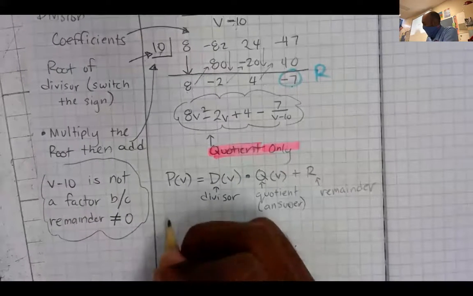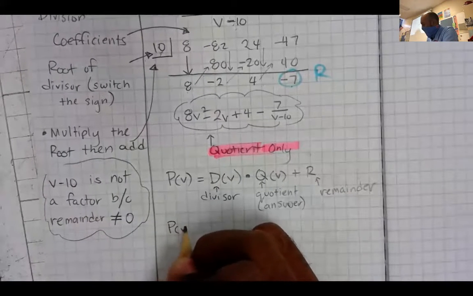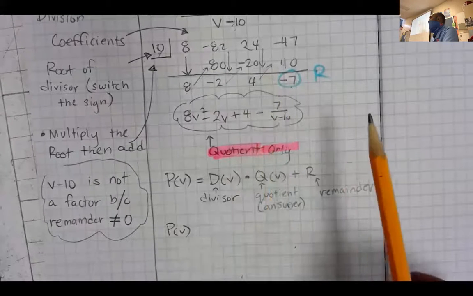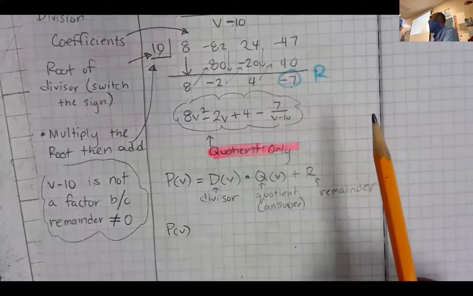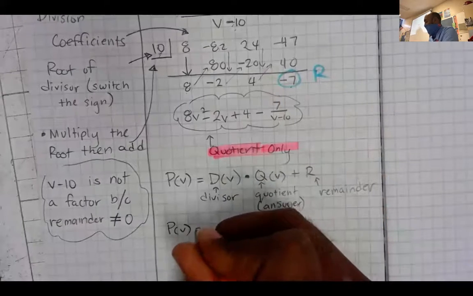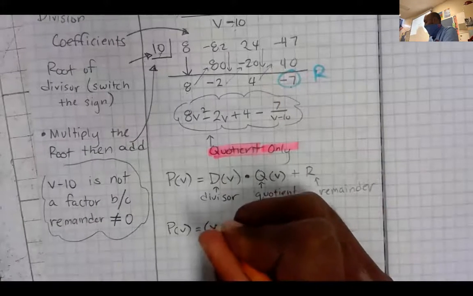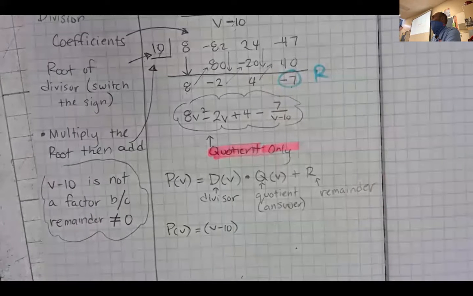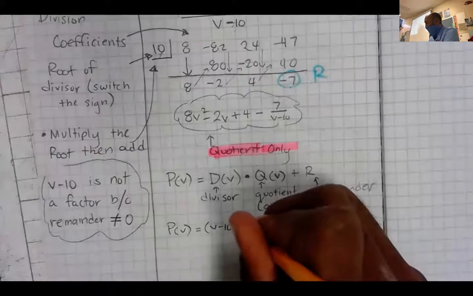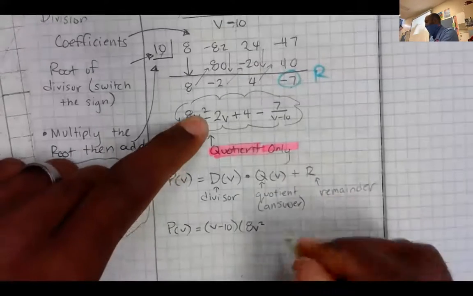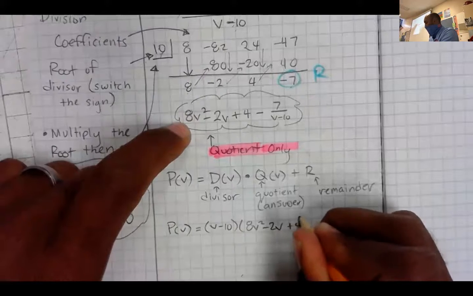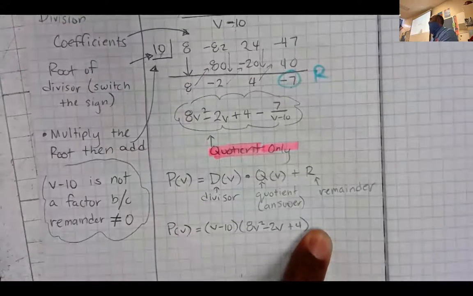Okay, so let's put it in that form. So now P of V times the divisor. What is the divisor for that problem? Not just 10 itself. V minus 10 is that whole factor. V minus 10. What's the quotient? Basically what you came up with. So 8V squared minus 2V plus 4. And then what's the remainder?